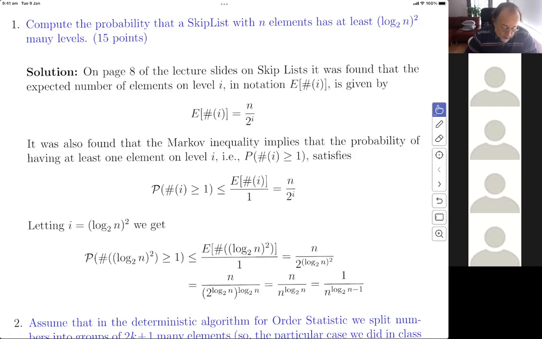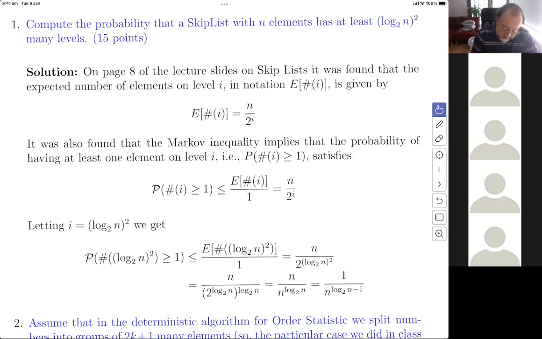So you have to compute the probability that the skip list with n elements has at least log n squared many levels, right? So this is really easy to do if you understood what a skip list is.